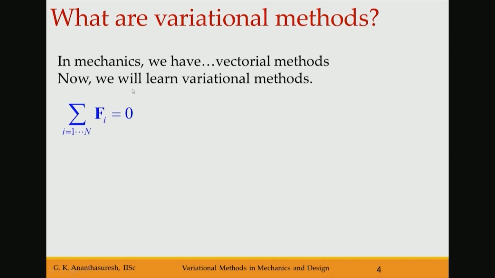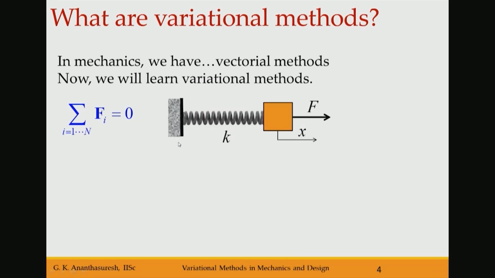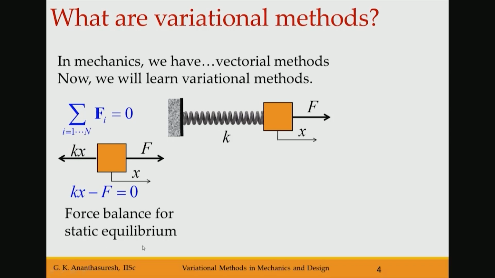Vectorial methods, what I am showing in this equation, is that all forces acting on a body, Fi, where F is a vector, F1, F2, up to Fn if there are n forces, all of them summing to 0. All of you know what that stands for. That stands for static equilibrium, that is a force balance.